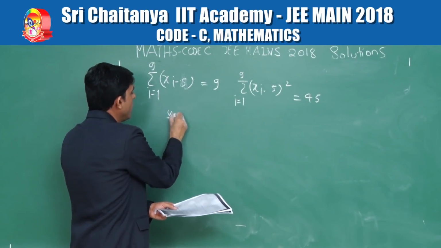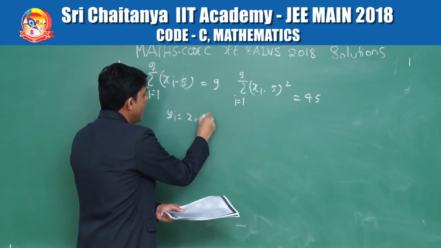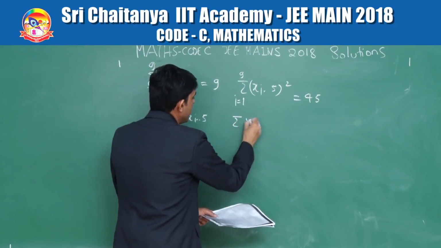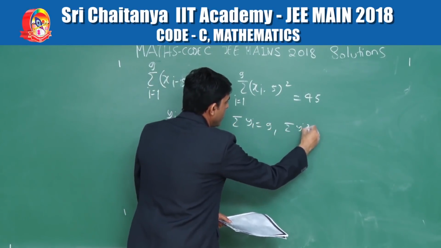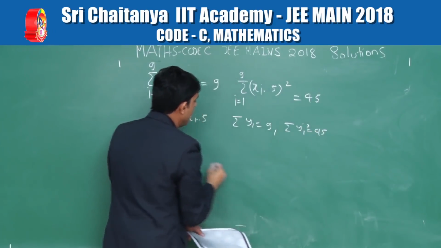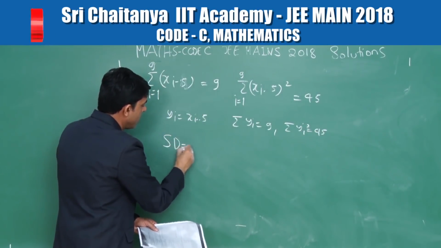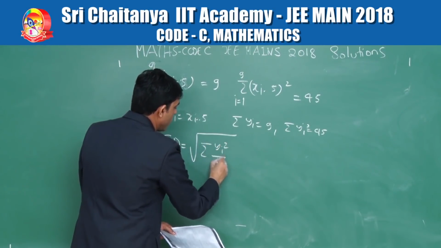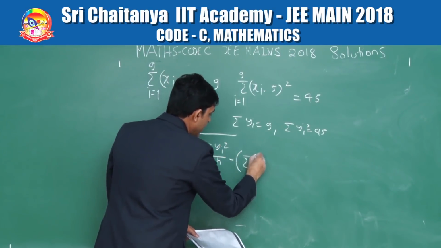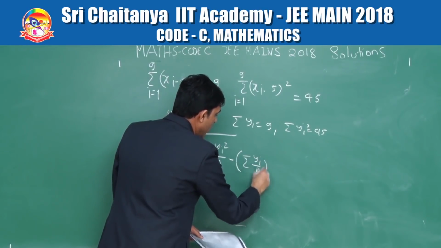So let's write yi is xi minus 5. We are given sigma yi is 9 and sigma yi squared is 45. The standard deviation happens to be root of sigma yi squared over 9 minus (sigma yi over 9) whole square.